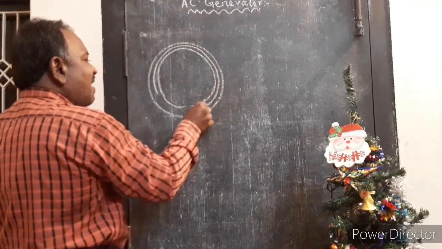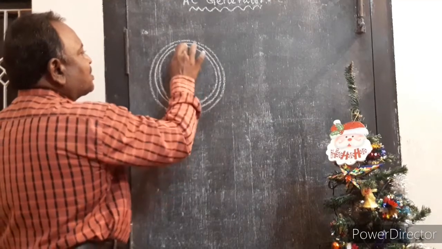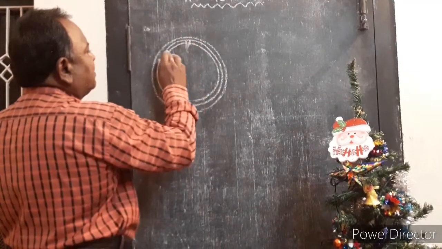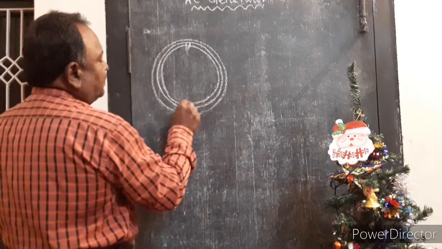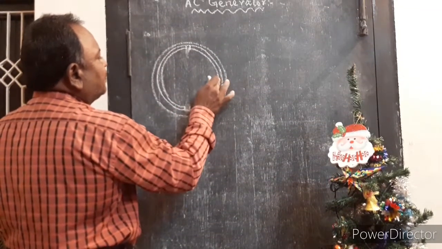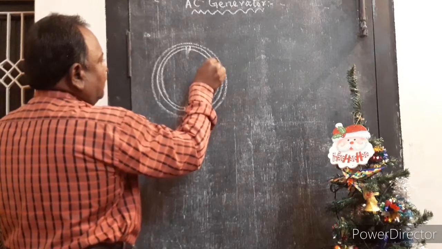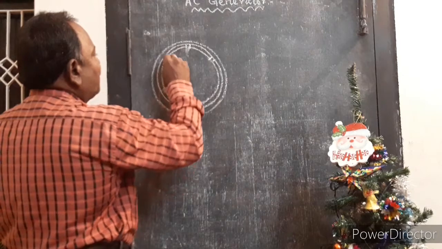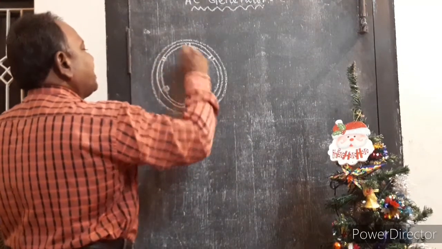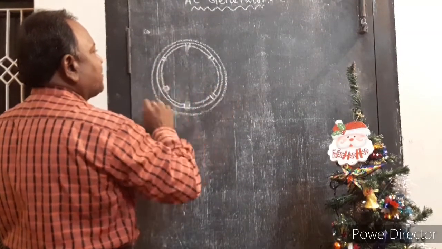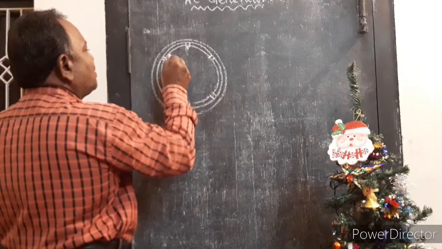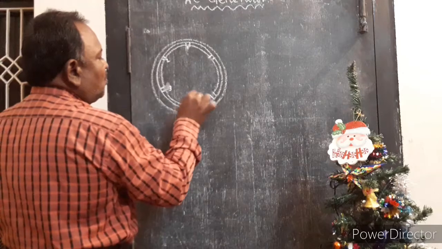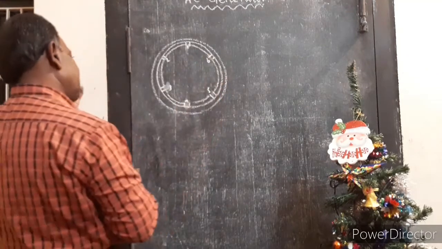This core will have 6 slots. 6 slots were cut: 1, 2, 3, 4, 5, 6.